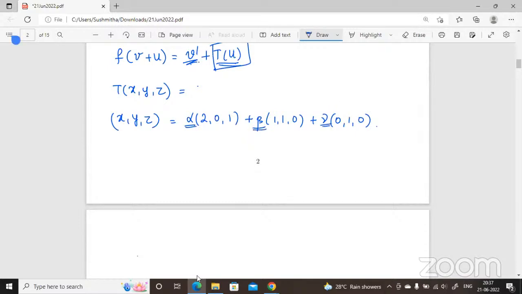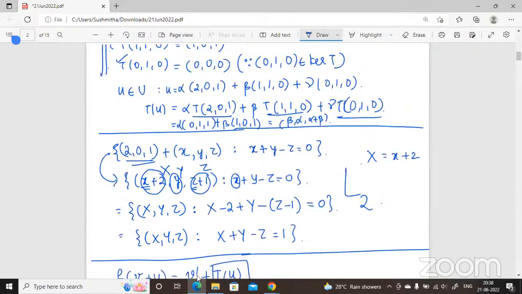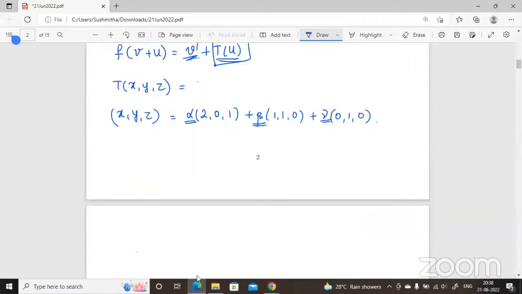Then I know T of x comma y comma z, right? Is it clear?